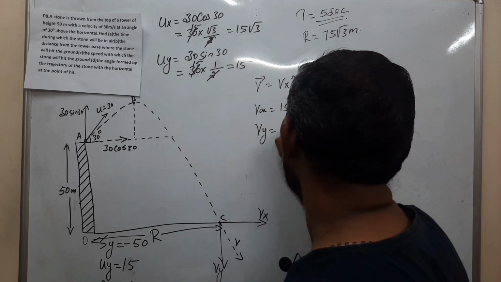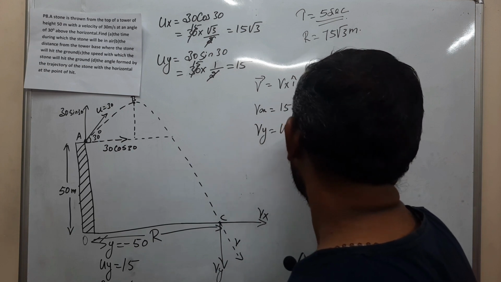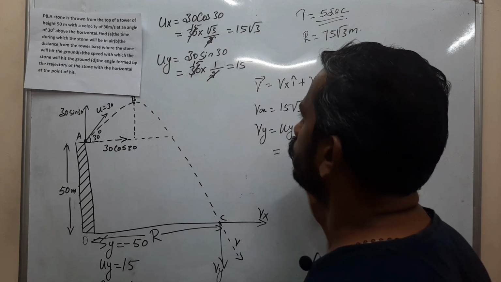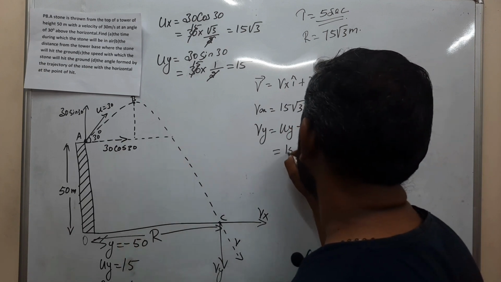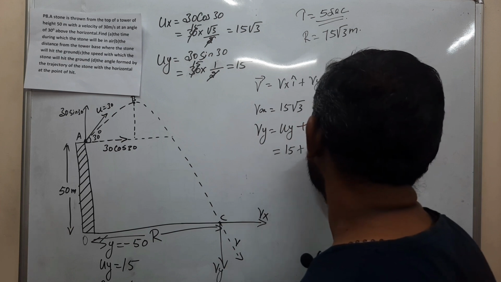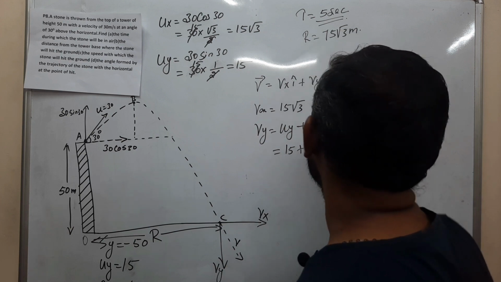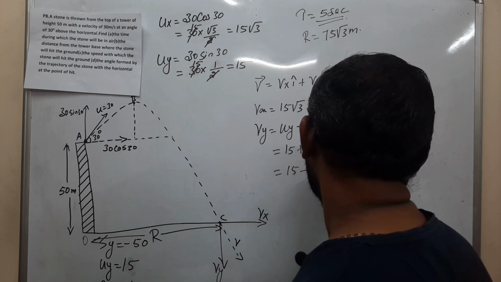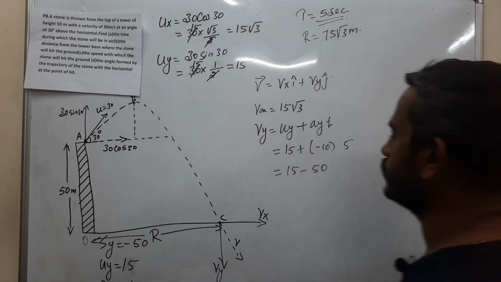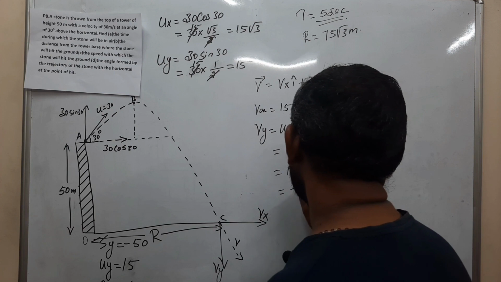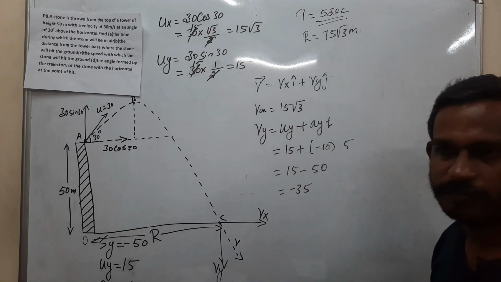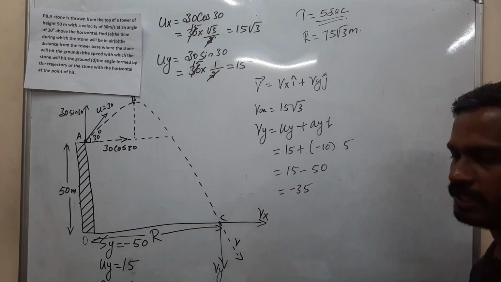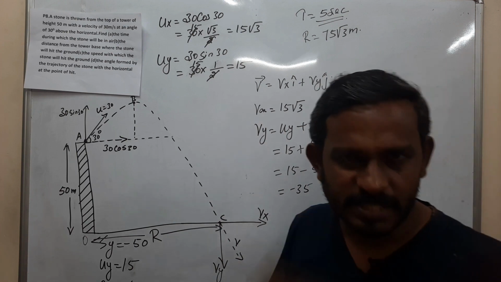So what is vy? vy is equal to uy plus ay into t. What is uy? That is 15, plus ay that is minus 10, into t that is 5. So that's 15 minus 50, that is minus 35. Minus 35 means the vertical velocity is in the downward direction.